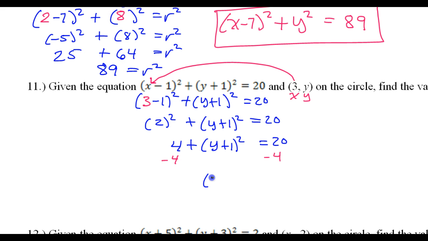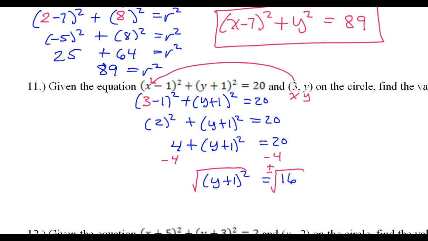So that's going to give me y plus 1 squared is equal to 16. Now, the easiest thing to do is to unsquare this by taking the square root of both sides. So if I do that, the most common mistake right now would be to forget your plus or minus. When you're solving an equation and you take the square root of both sides, the solution can be positive or negative.